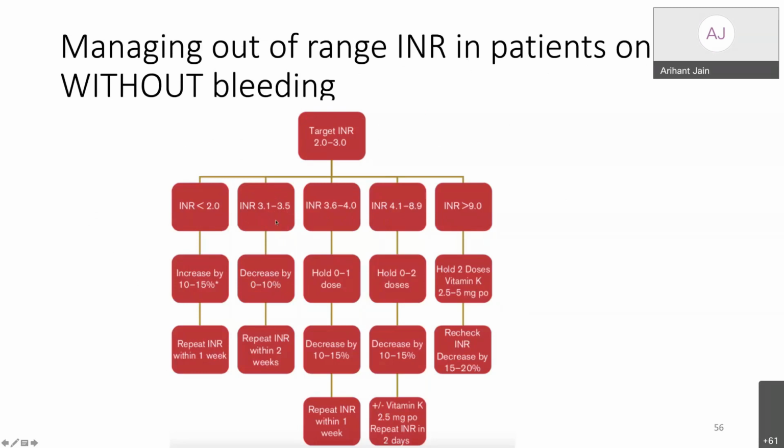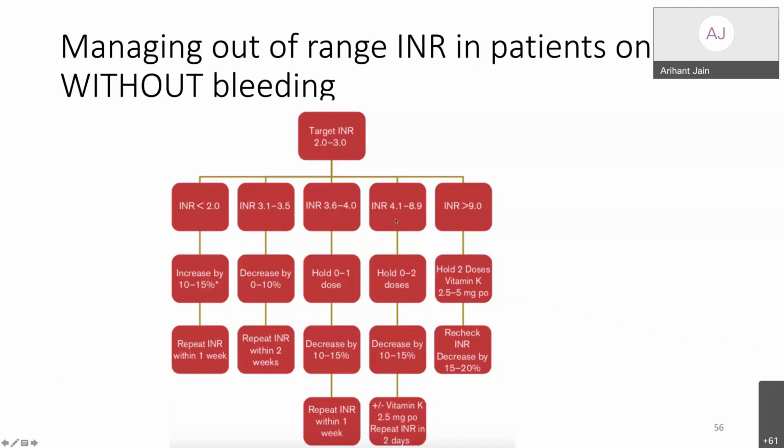Say if he was taking 5 milligram daily, the weekly dose comes to around 35. So you decrease the total dose by 10%, which is 3.5 milligram, so his weekly dose will now become 30 or 32. If it is between 3 to 4, you just hold one dose and decrease the subsequent doses of warfarin by 10 to 15%.